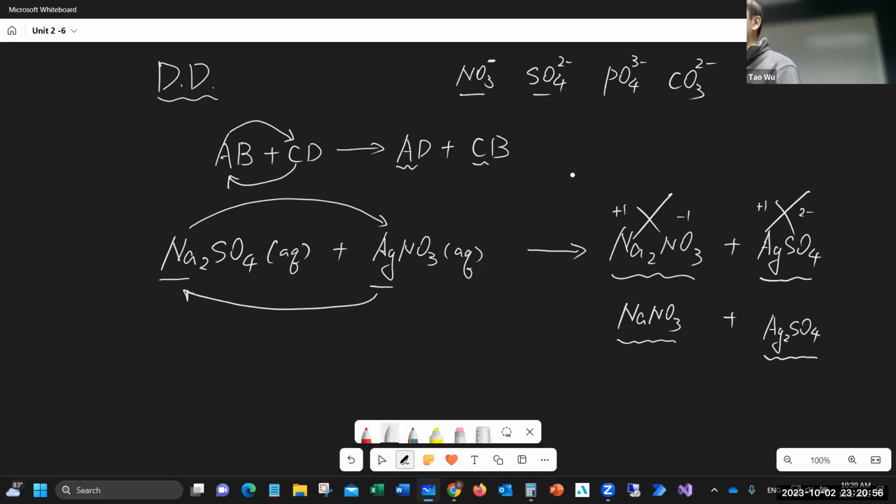Of course, it's not balanced. Then you're going to balance it. But first, you need to write the correct formula. And just let you know, if you're not writing the correct formula, that's going to be really hard to balance, or even impossible. So that is why we need to write the correct formula.